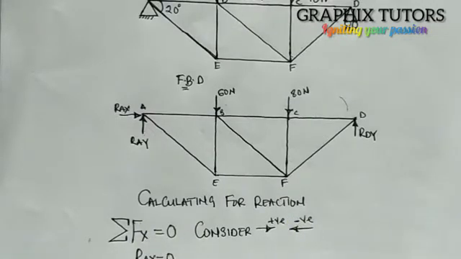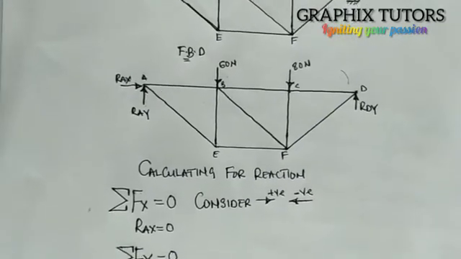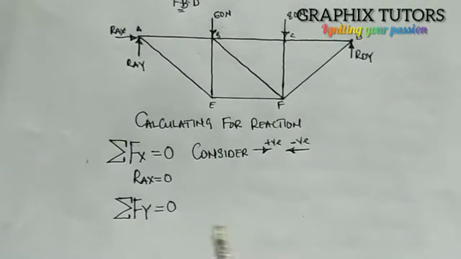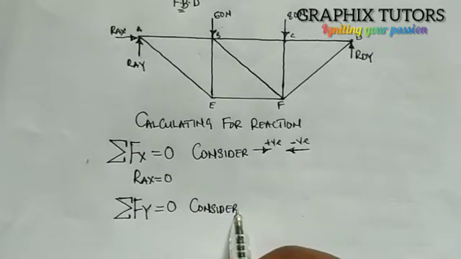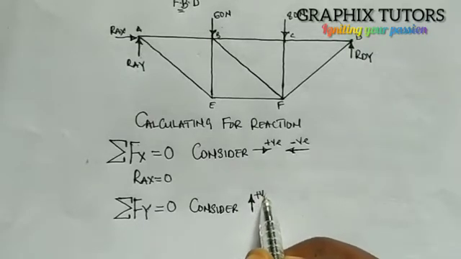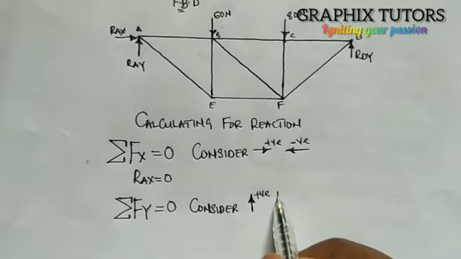Now the second condition is telling me the summation of all the vertical components, F of y, equals 0, right? We will consider any force acting upward as positive, and any force acting downward as negative.